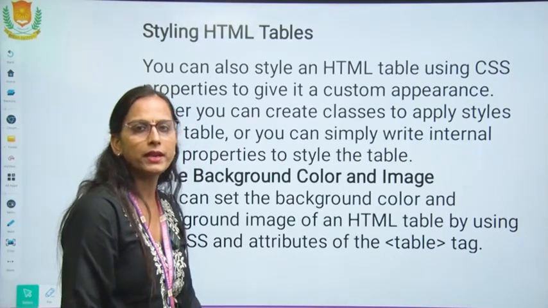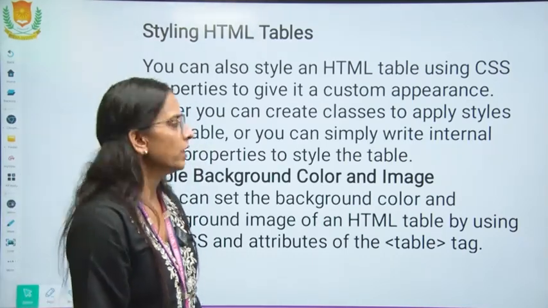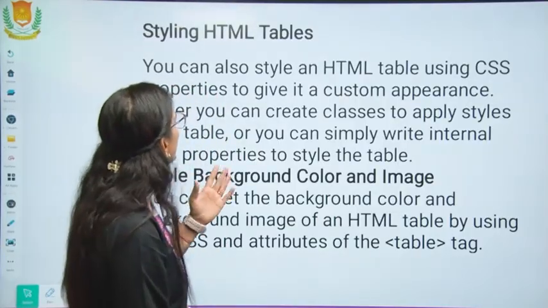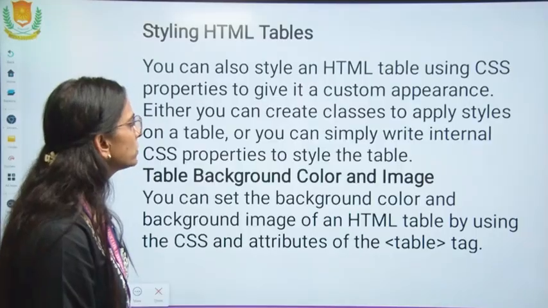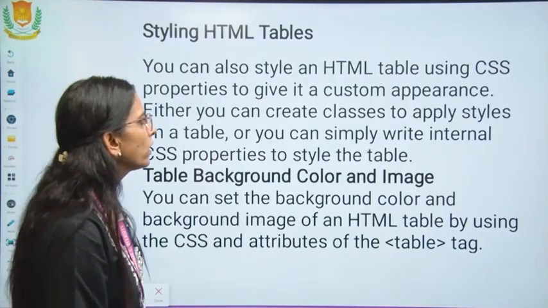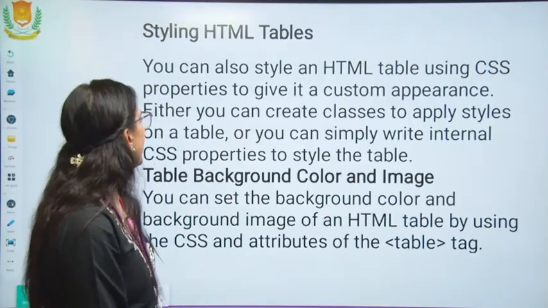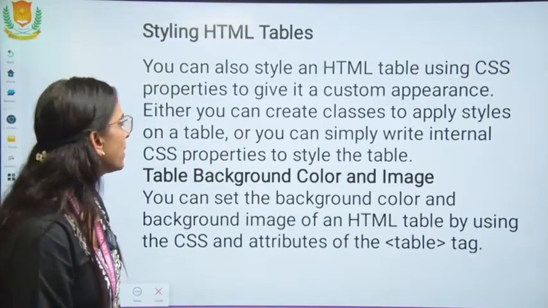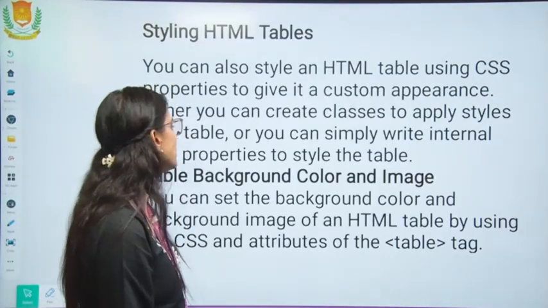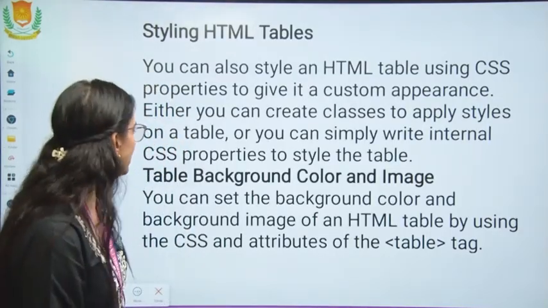Now, styling the HTML table. After displaying the data, the table also should look good, and the appearance of the table also is important. So you can style the table. You can style the HTML table by using CSS properties to give it a custom appearance. Either you can create classes to apply style sheets on the table, or you can simply write internal CSS properties to style the table.